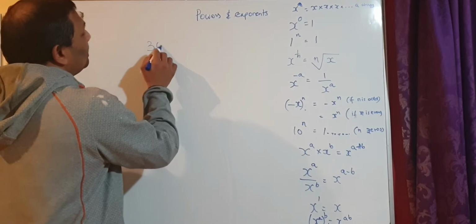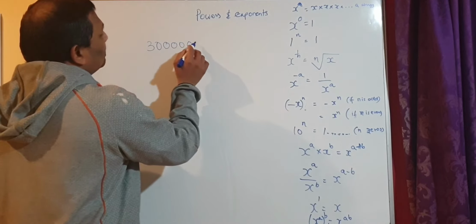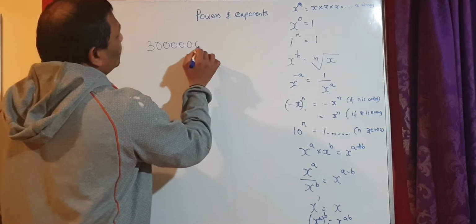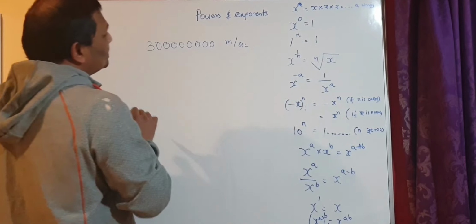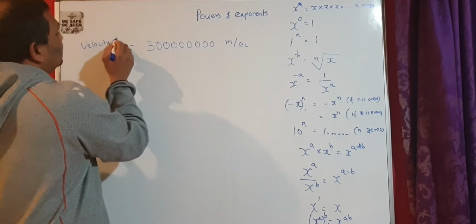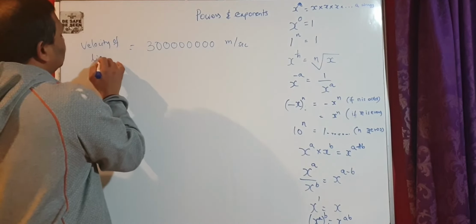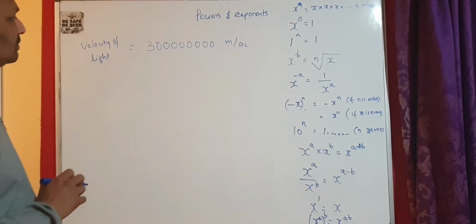It's going to be 3 into 10 to the power of 8, so 5, 6, 7, 8 meters per second. Okay, so the velocity of light is equal to this one.